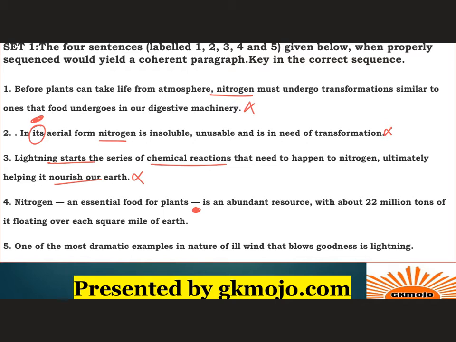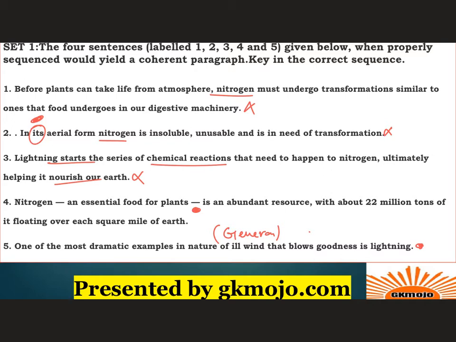One of the most dramatic examples in nature of ill wind that blows goodness is lightning. Oh, so now we have another candidate because even this is of a general form, right? Now, if you see the context of this parajumble, here the thing is that after lightning, we are moving on to the topic of nitrogen, right?